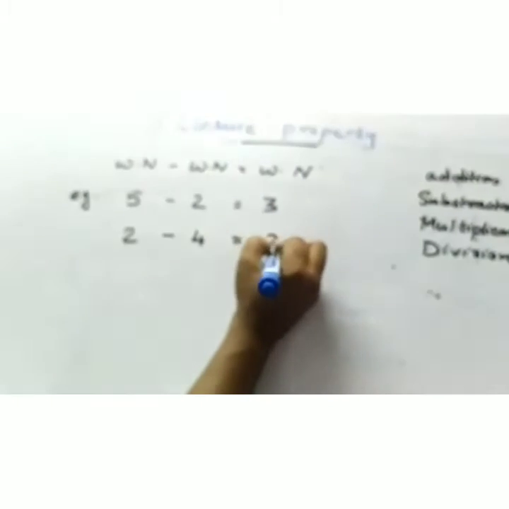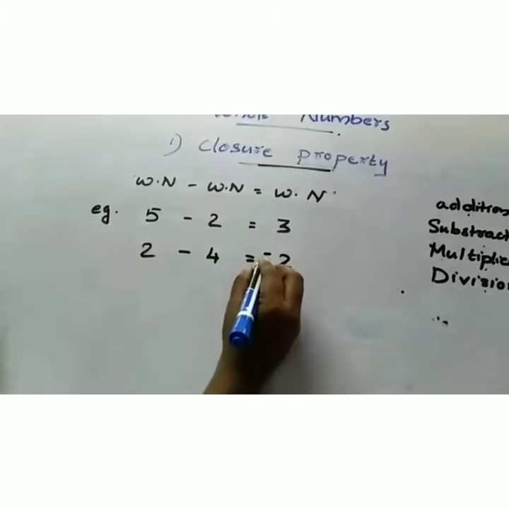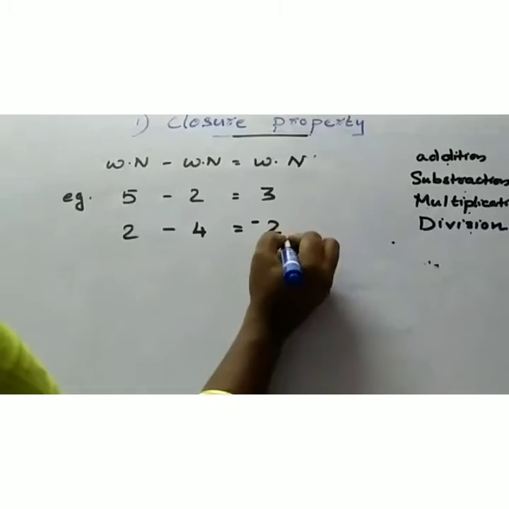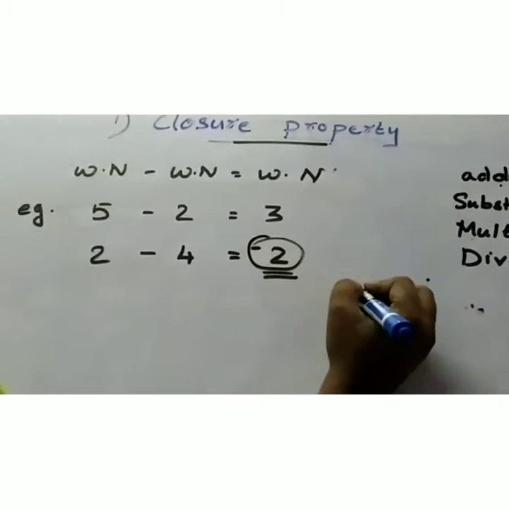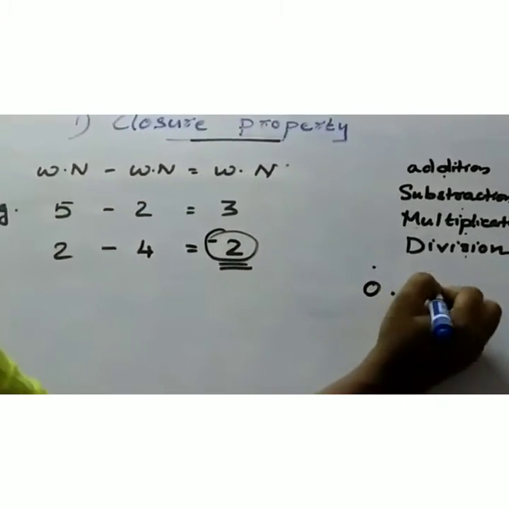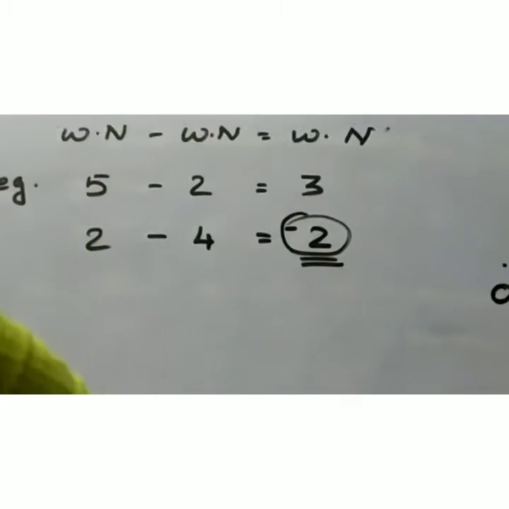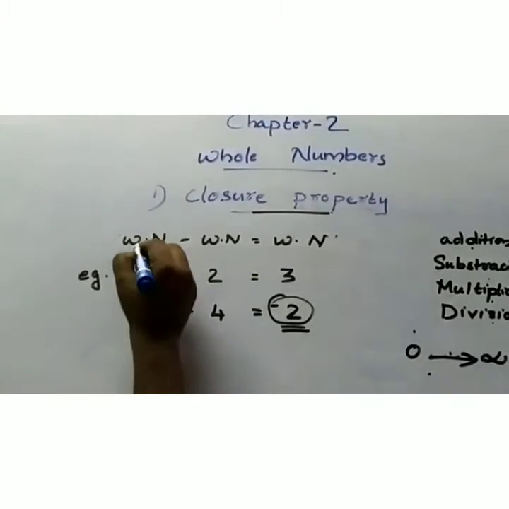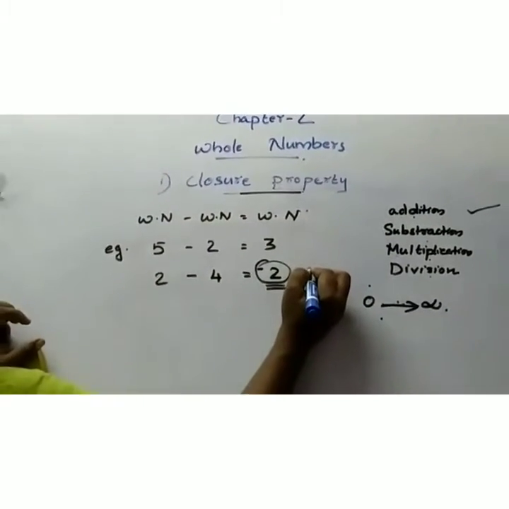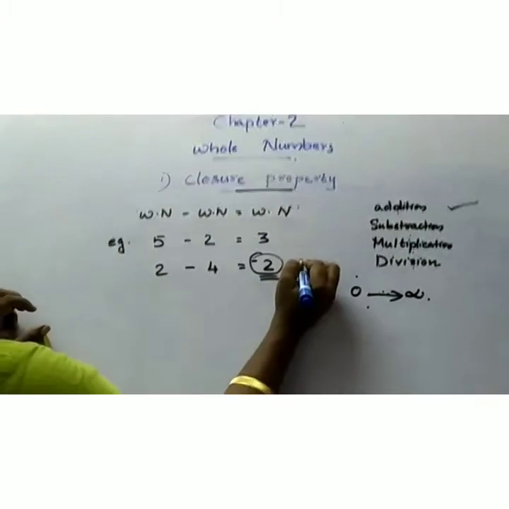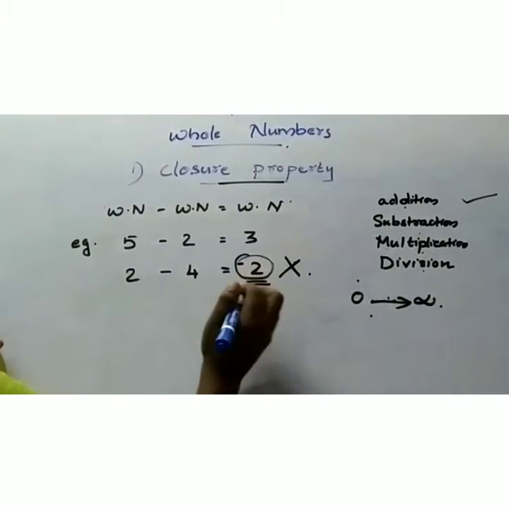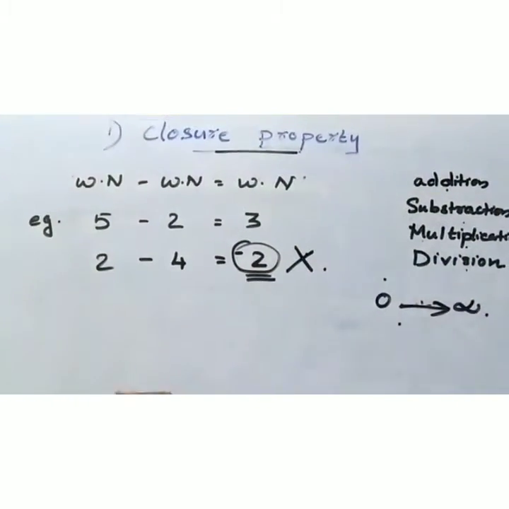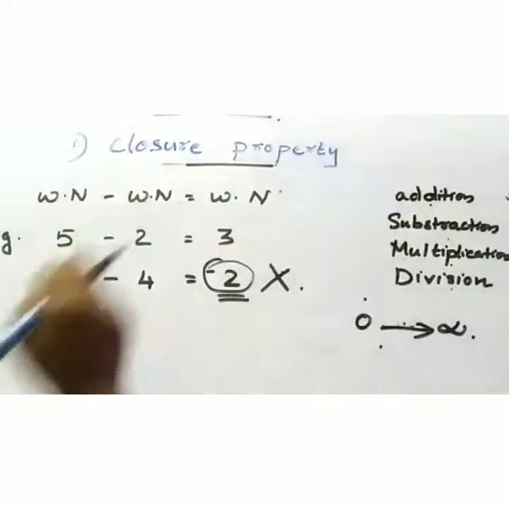The answer is negative 2. It is not a whole number. The whole numbers start from 0 to infinity. The negative number is not included in whole numbers. That means the closure property is not followed by subtraction.